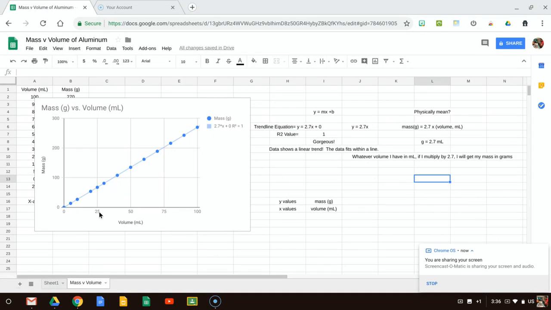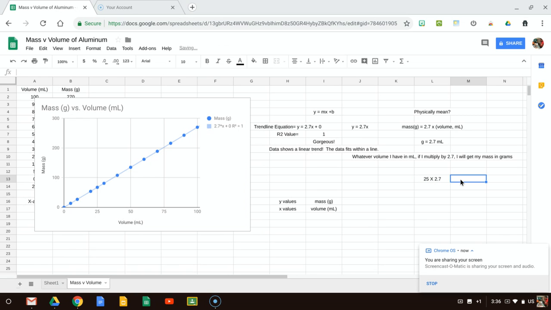And let me check that. So like I have 25 here, right? Let me see if I do 25 times 2.7. It says on the graph, I should get a mass of 67.5 grams. So let me see, I'll do that right here, 25 times 2.7.